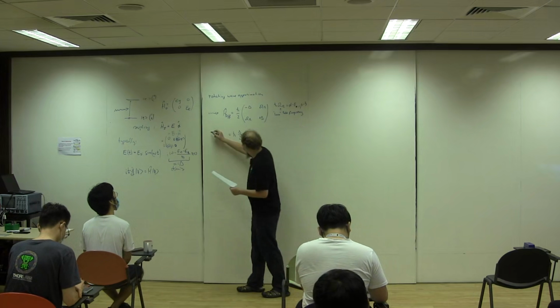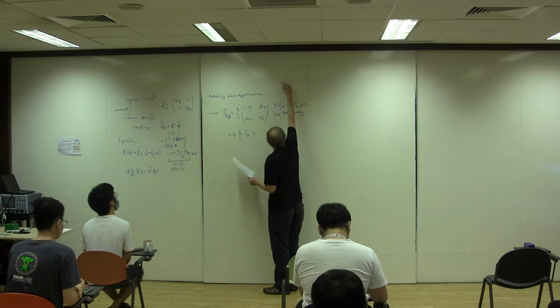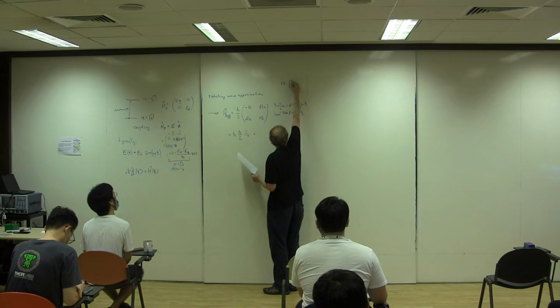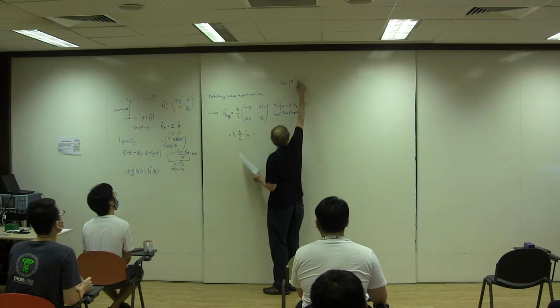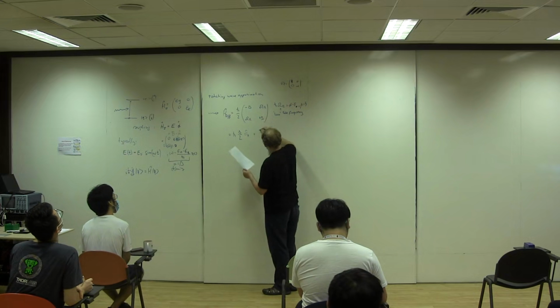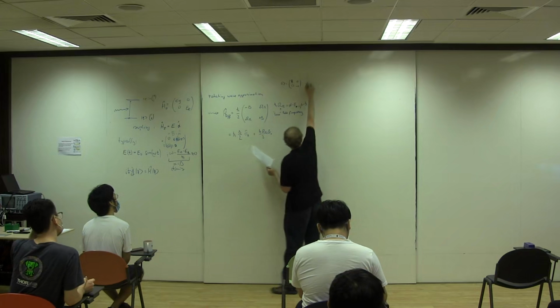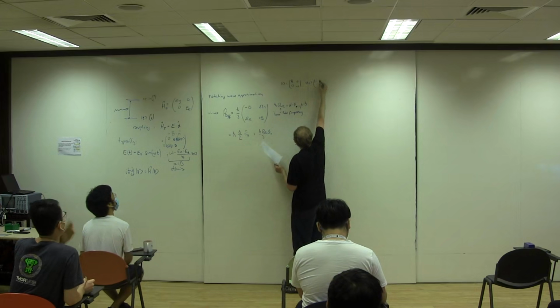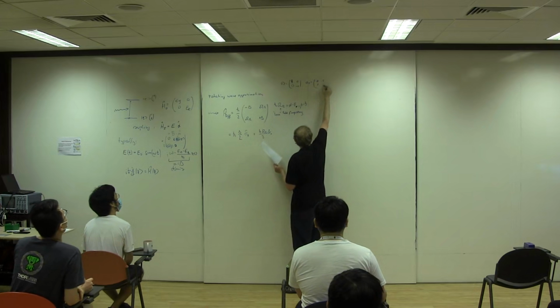And sigma z is, I hope I don't get it wrong, plus 1, minus 1, 0, 0. Then there's omega r over 2 times sigma x, and sigma x is, hope I get it right.